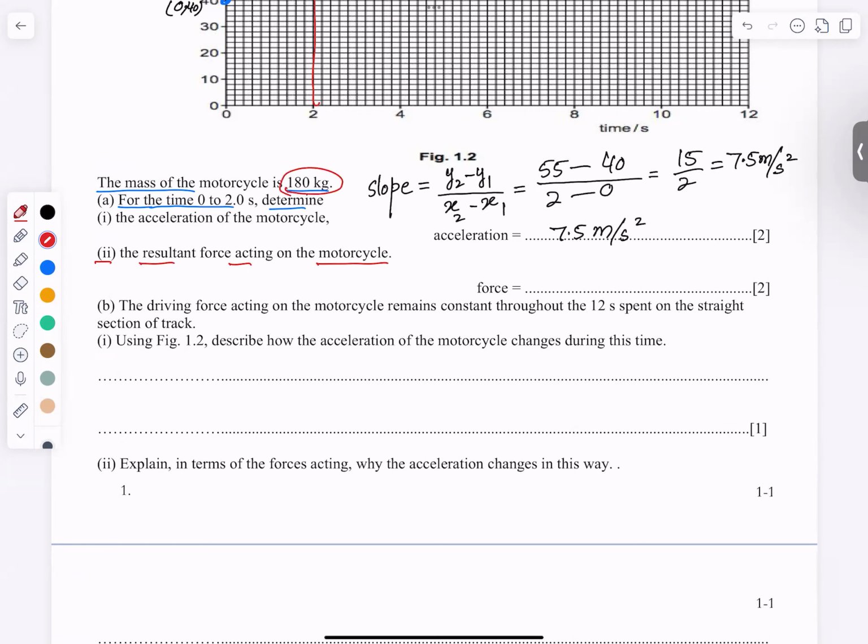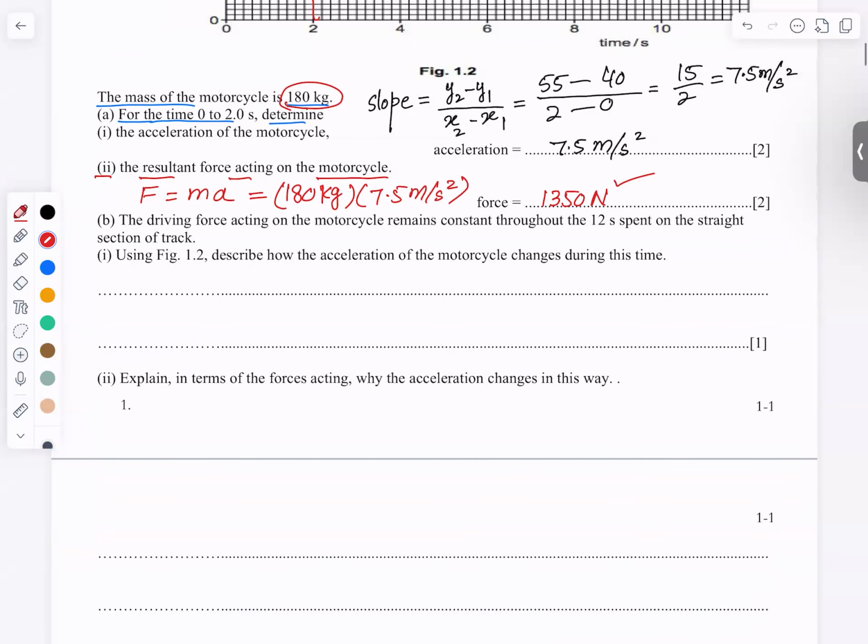You can just go with F is equal to M into A. So it's 180 kilogram multiplied with 7.5 meter per second square. So it will become 180 into 7.5, that is basically 1350. And the unit for force is Newton.